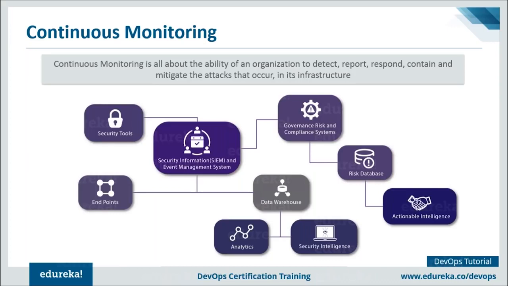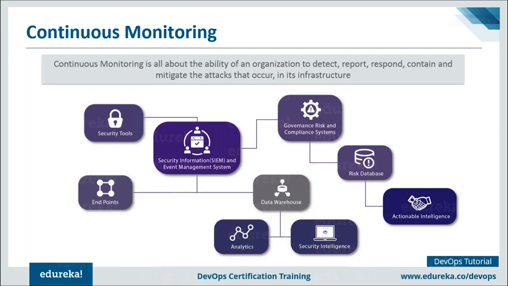If I have to summarize continuous monitoring in one definition, I will say it is the integration of an organization's security tools, the aggregation, normalization, and correlation of the data that is produced by the security tools, the analysis of that data based on the organization's risk goals and threat knowledge, and near real-time response to the risk identified.